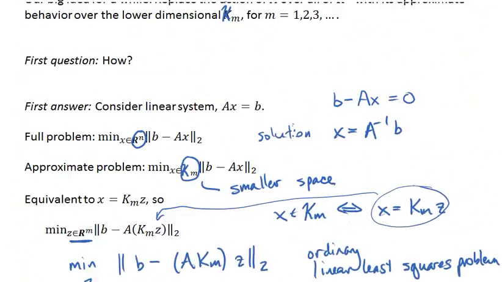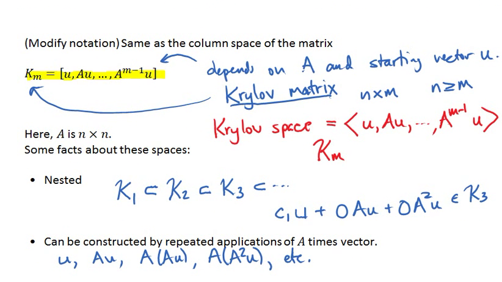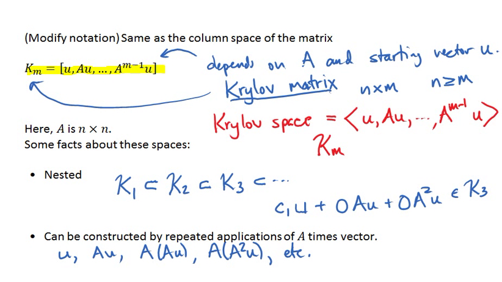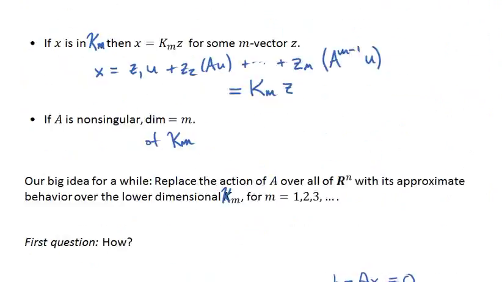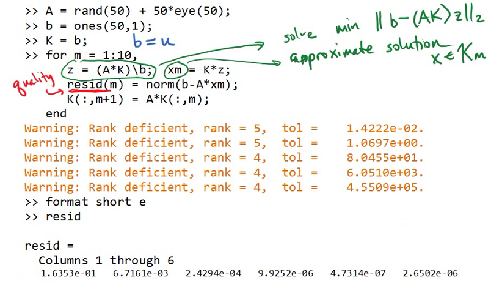Again, if you look at the definition of the Krylov matrix, one column is just A times the previous column. Okay. So this is the next column of the Krylov matrix.